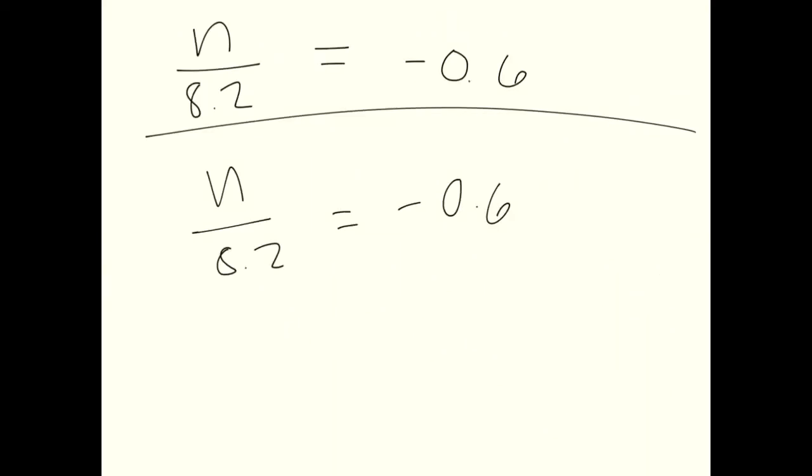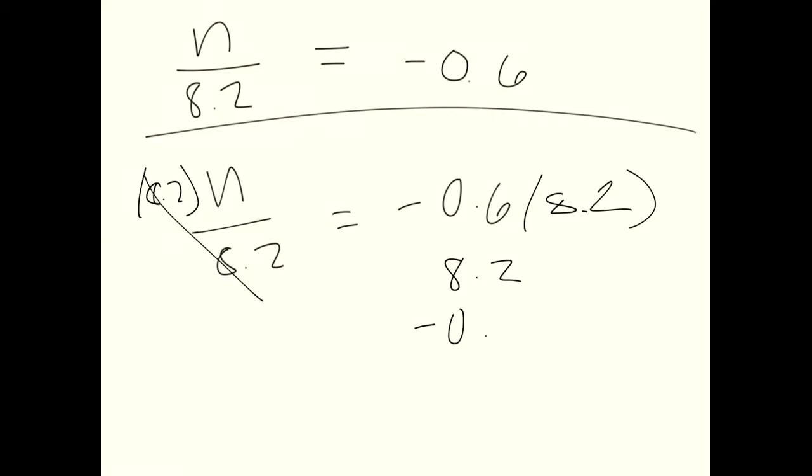To solve this type of equation, you're going to want to multiply by 8.2 on both sides. And now you're going to want to multiply 8.2 times negative 0.6. 2 times 6 is 12. 8 times 6 is 48, plus 1 is 49.